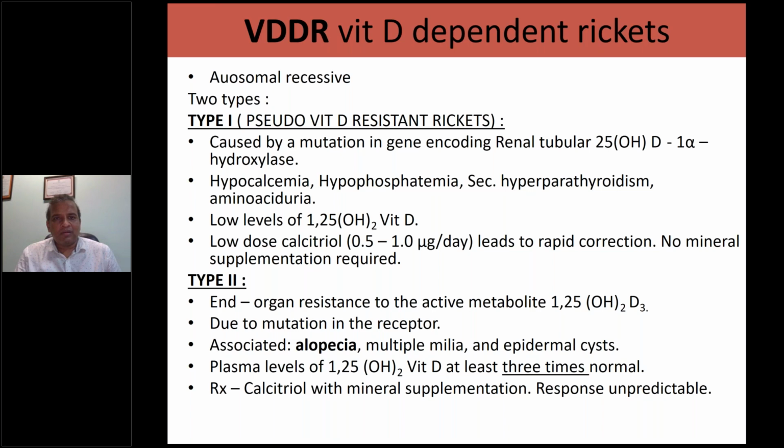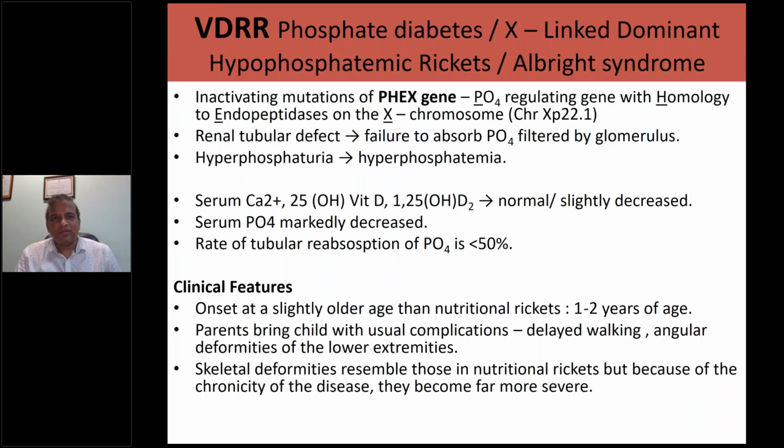The other VDRR is phosphate X-linked hypophosphatemic rickets, usually a genetic mutation in the X chromosome, and they have onset at a slightly older age. They usually present somewhere around 7, 8, 9, 10 years, during the growth stages, and they develop severe angular deformities and short height.